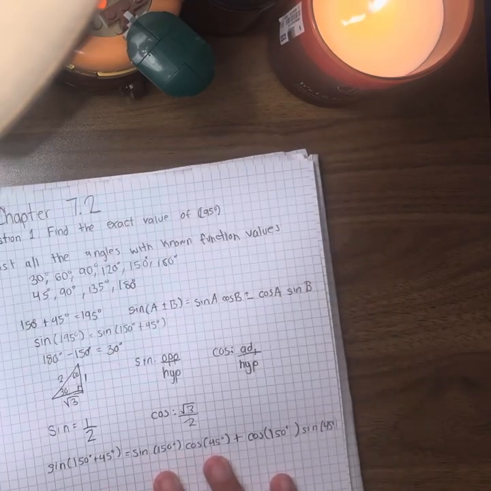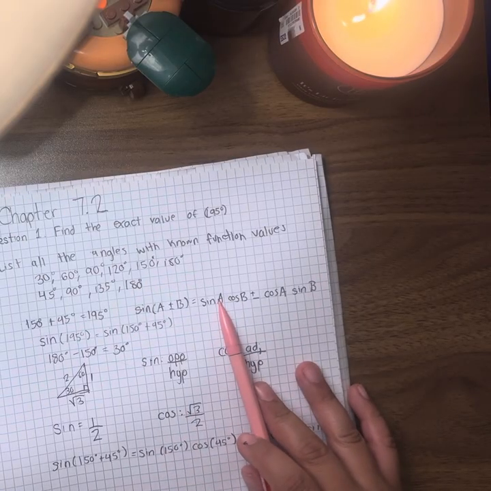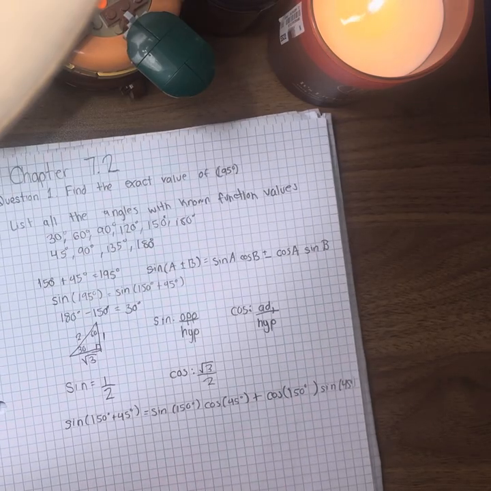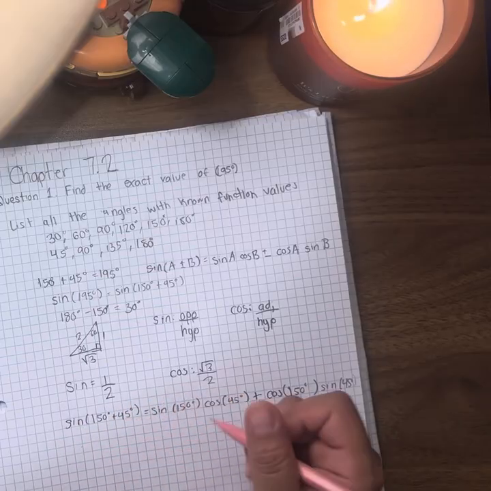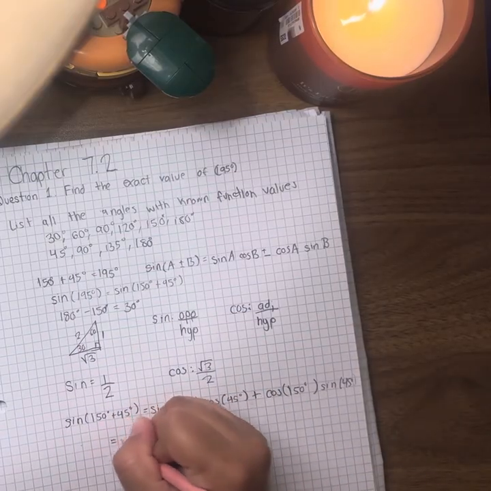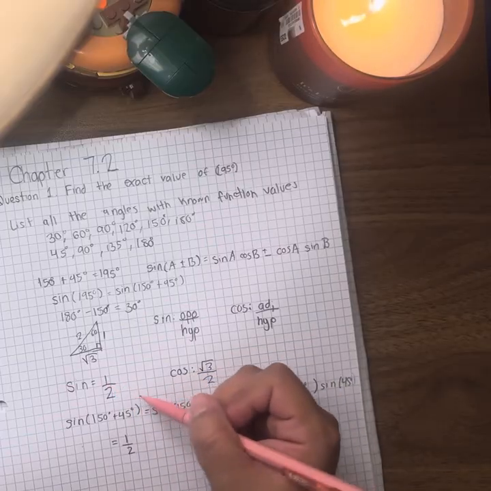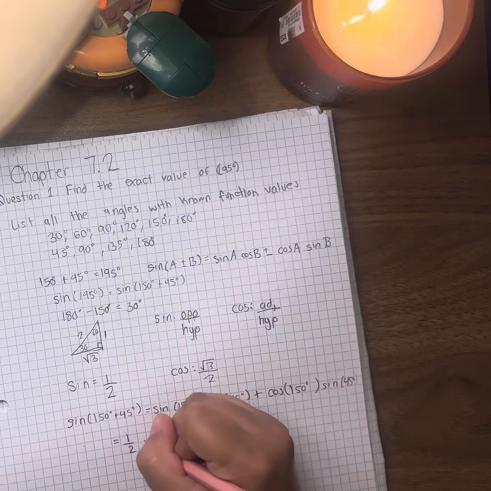The reason we have it like this is because we're plugging it into this format. Now that we've plugged it in, sine of 150 equals one half. Since they're next to each other, that means multiplication.